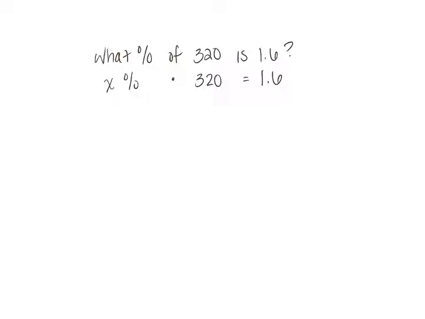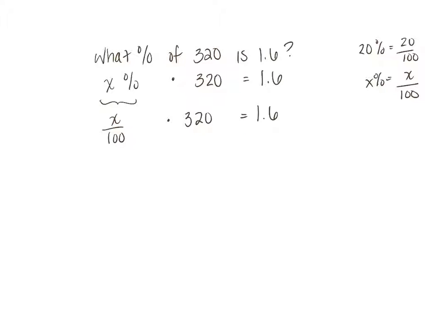Oh, this is interesting. X percent. Remember when I had 20%, I expressed that as 20 over 100? So if I have x percent, I'm going to express that as x over 100. Nothing crazy. All right. X over 100 times 320 is 1.6.